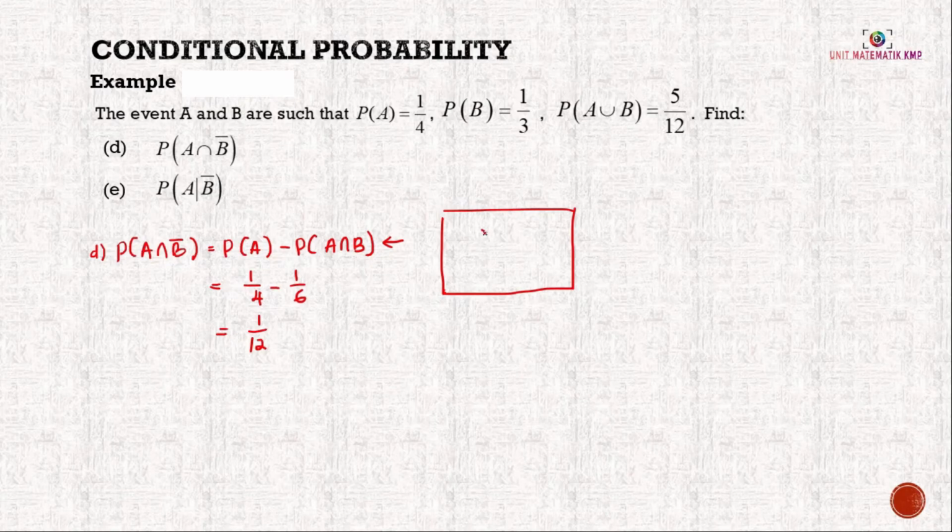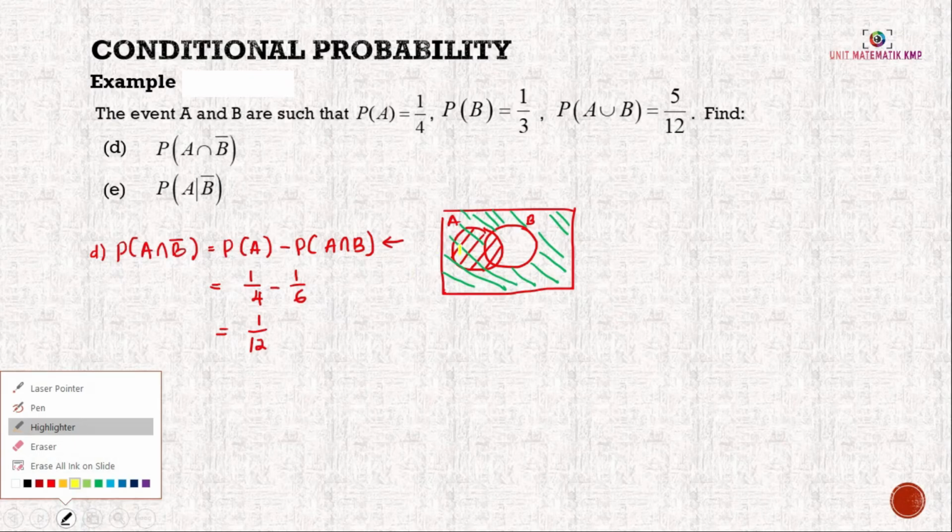Now you have the event A and event B. So we want to find the probability of A intersect other than B. So A is this one, and other than B is we shade the area outside of B. Okay, the part which has 2 lines, the intersection part, is the answer that we need to find.